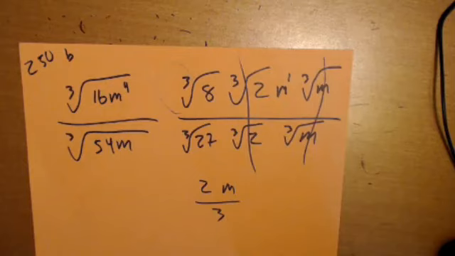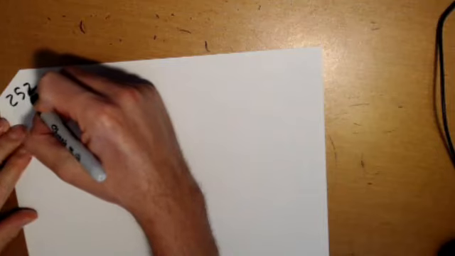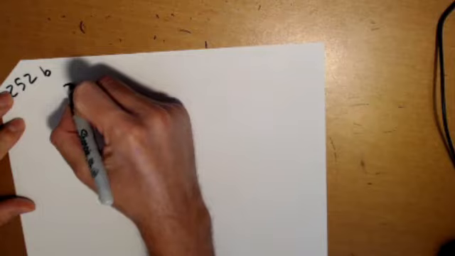I'm going to do 252b. Skip part 252a, because that one you could totally handle. 252b looks interesting.